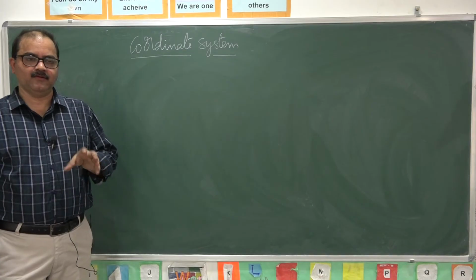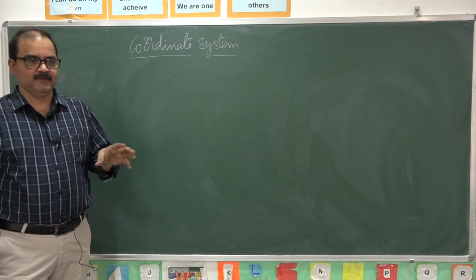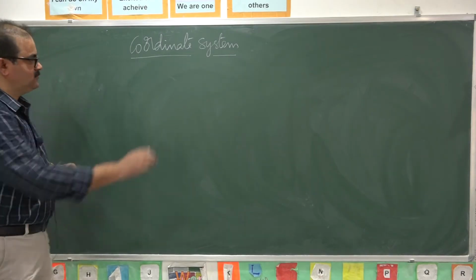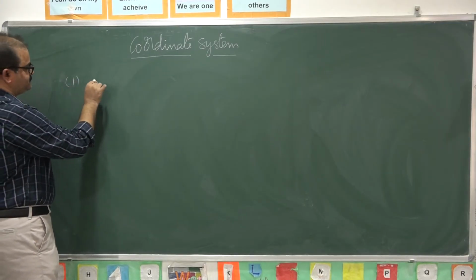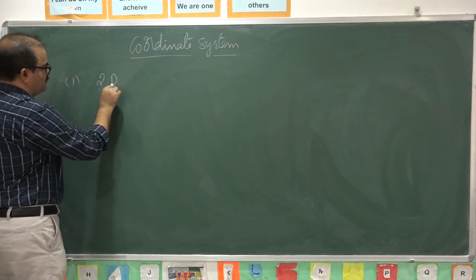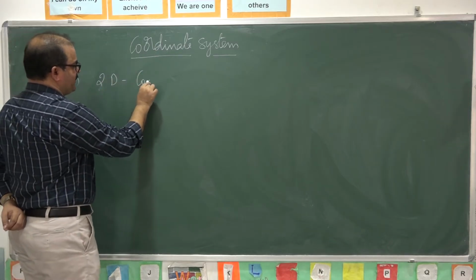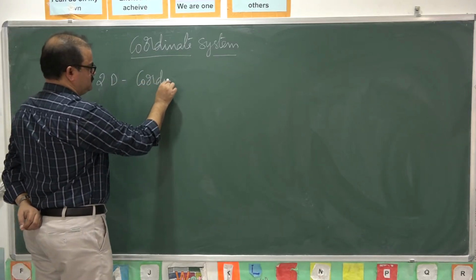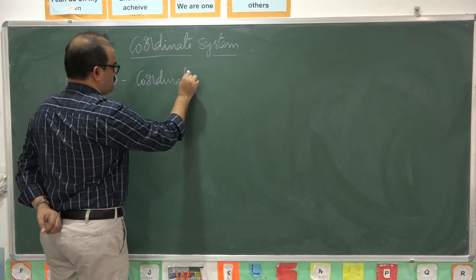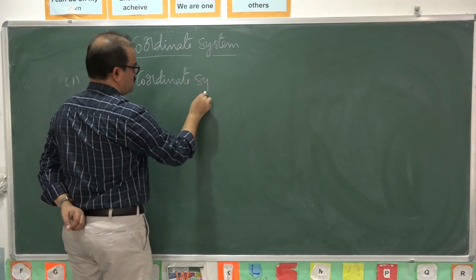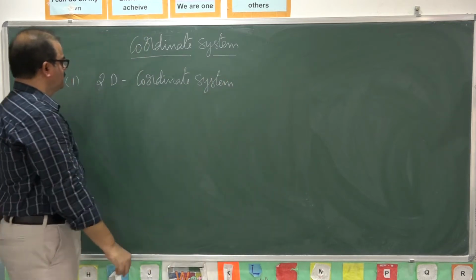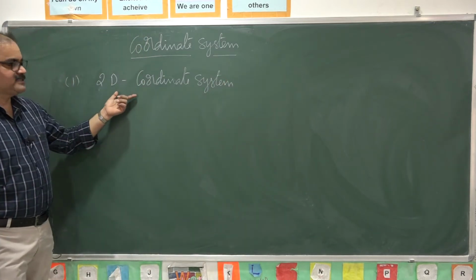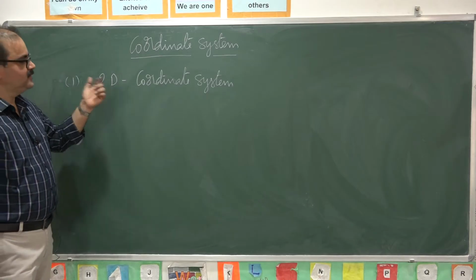Generally, a coordinate system is of two types. The first one is 2D coordinate system, or two-dimensional coordinate system.